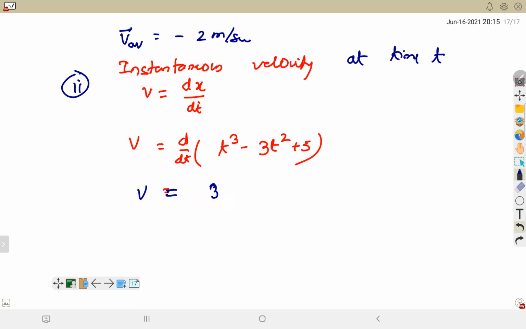It will become 3t square minus 6t. Anurag? Yes, sir. What is your answer?